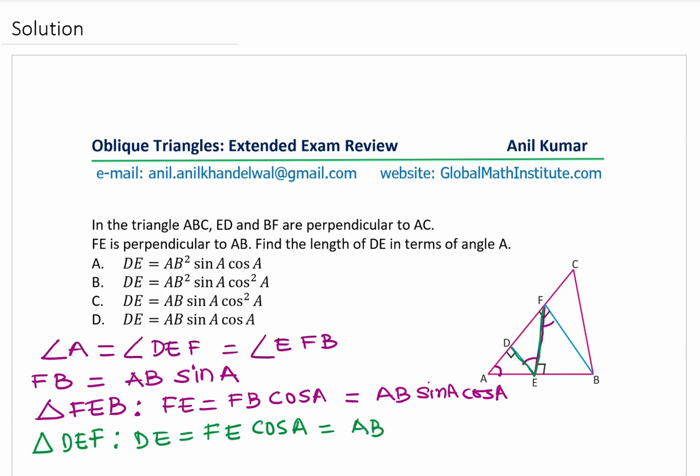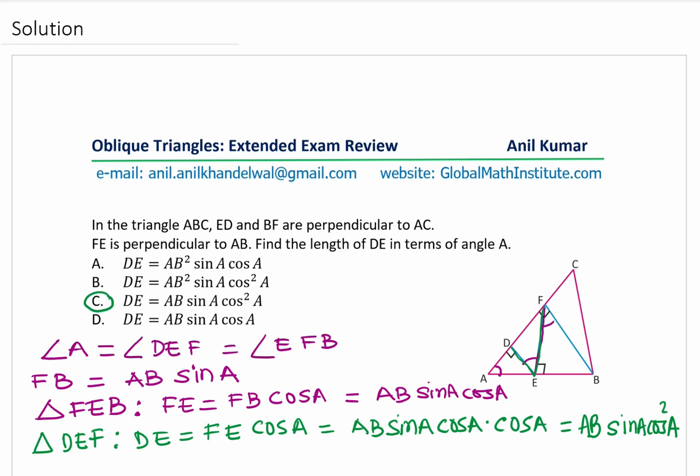So we get AB sine A cos A times this cos A. And we get our result, which is AB sine A cos square A. Perfect. So AB sine A cos square A is option C for us.